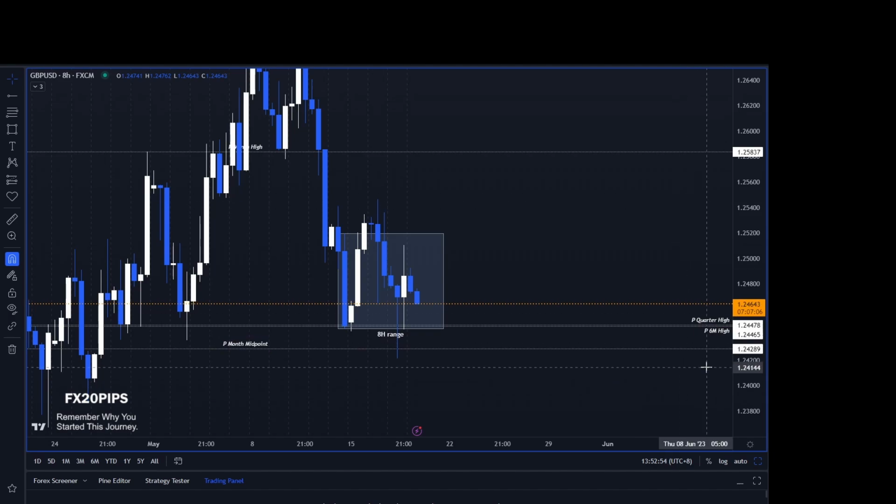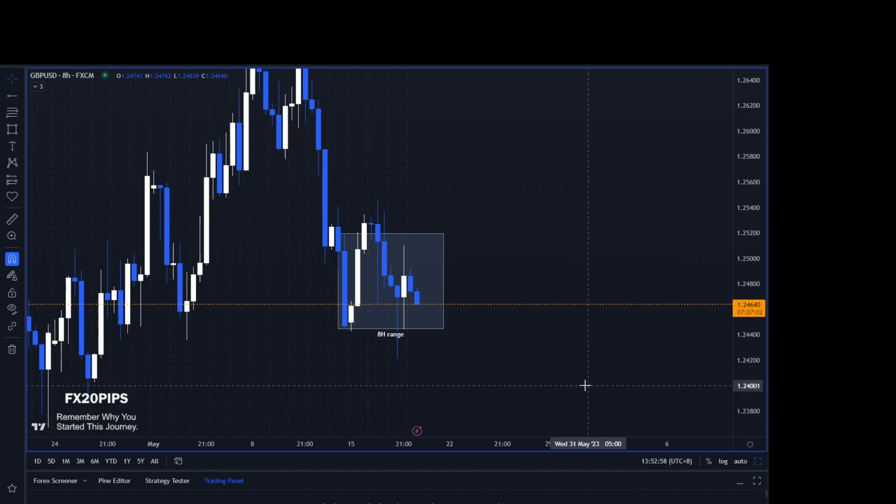Let me remove the lever. There we go. Something that I want to show you today is also the Tuesday levels. Today was Thursday, yesterday Wednesday, and Tuesday. So I also plot the Tuesday high and the Tuesday low.